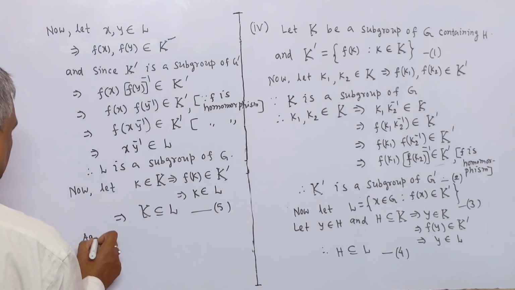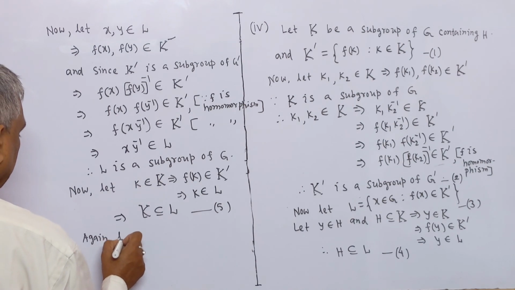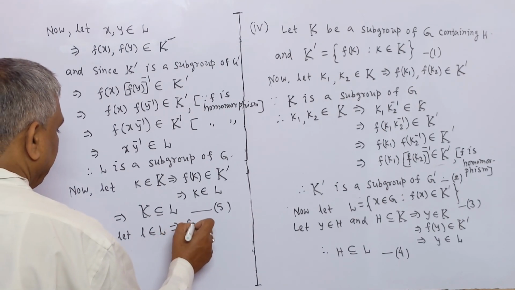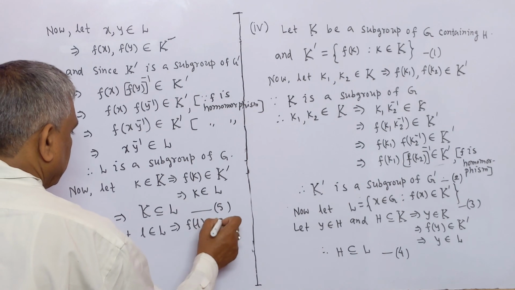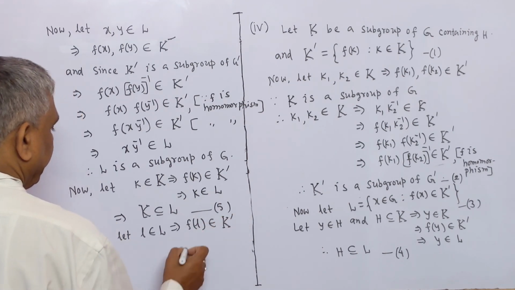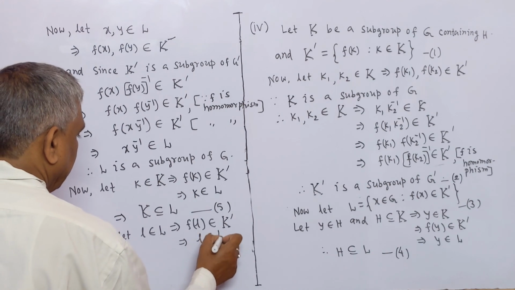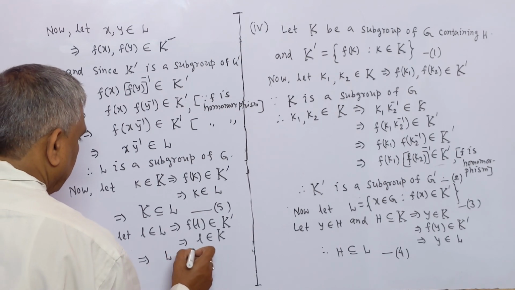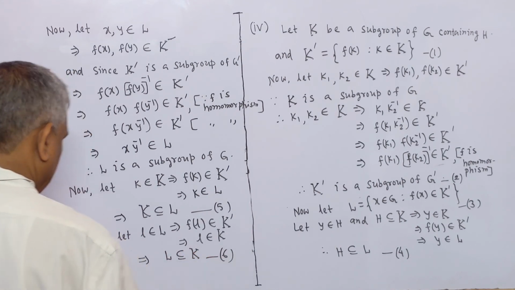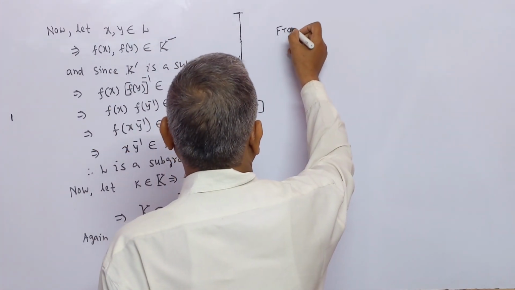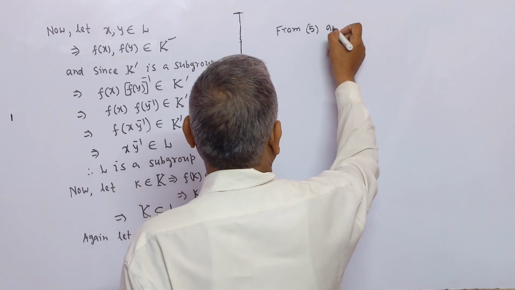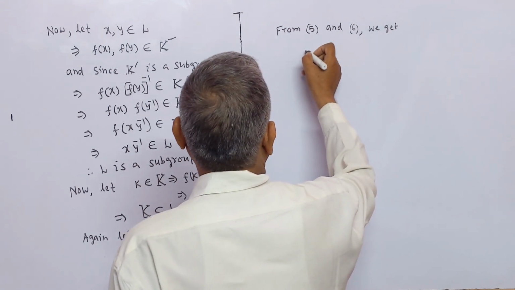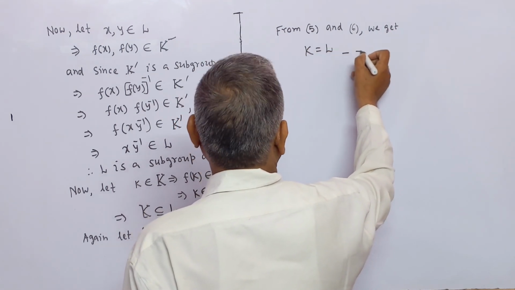Again, let small l belongs to capital L, implies that f l belongs to K prime, implies that l belongs to K, implies that L is subset of K. From 5 and 6, we get K equal to L. This is number 7.